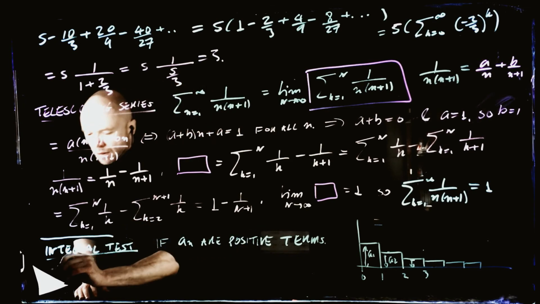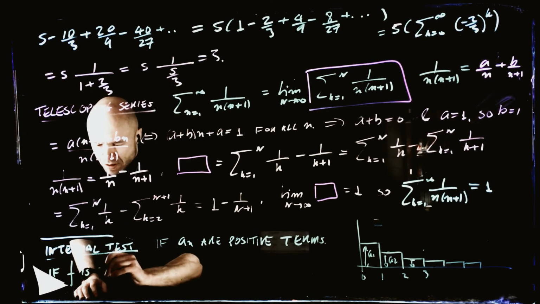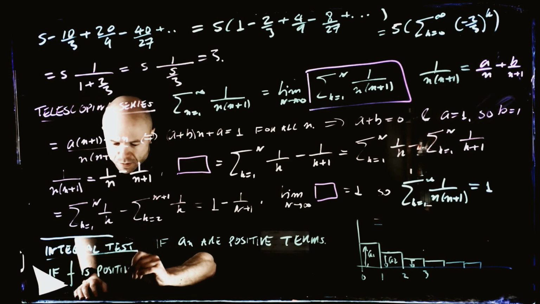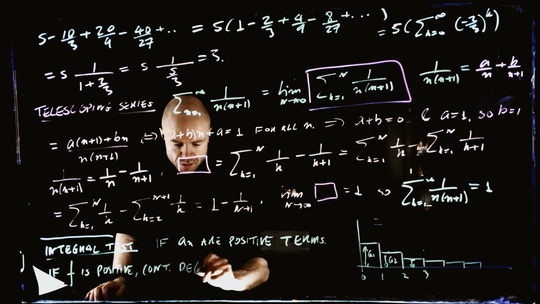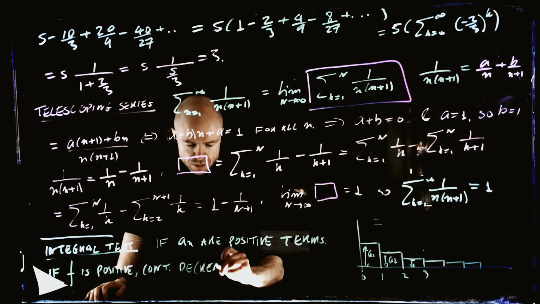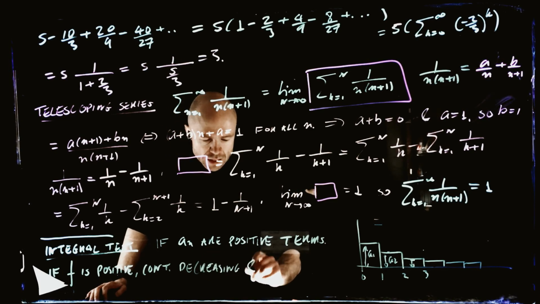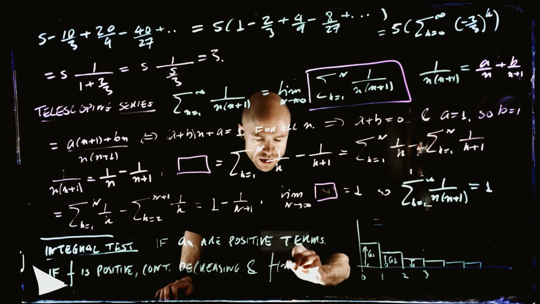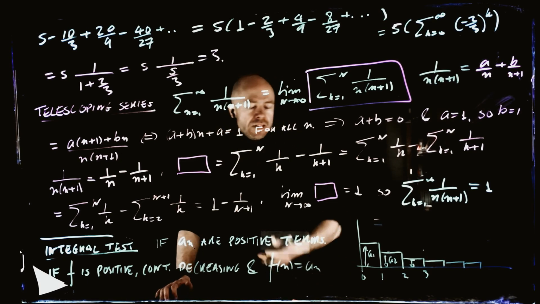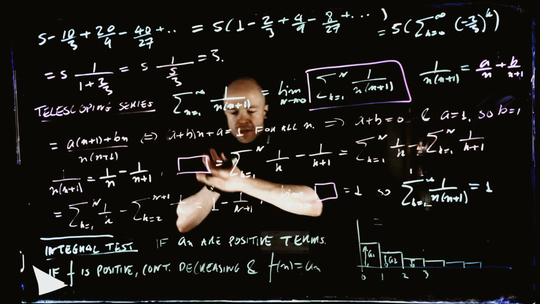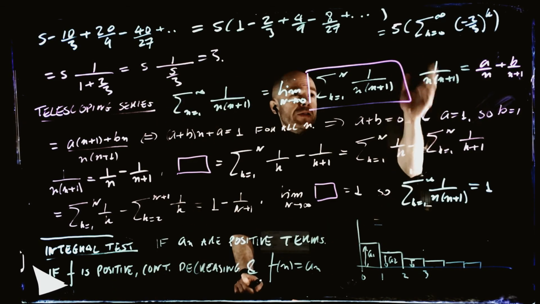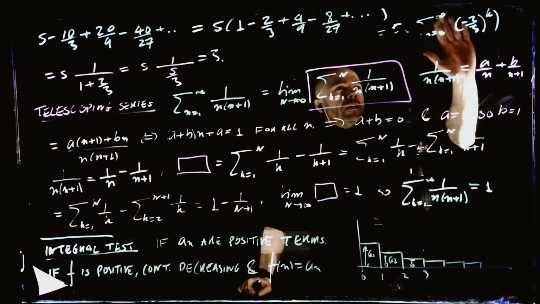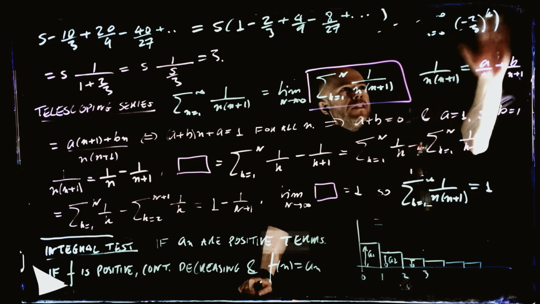So if f is positive, continuous, and decreasing, and f of n equals an, then the area of the graph of this function being finite and with the integral converging is entirely equivalent to the series converging.